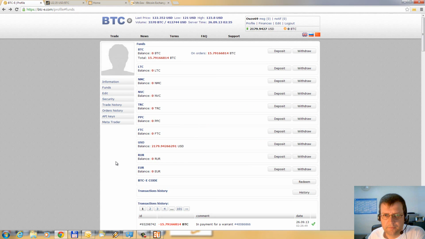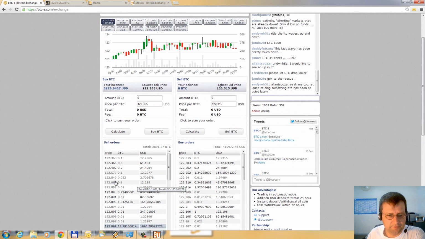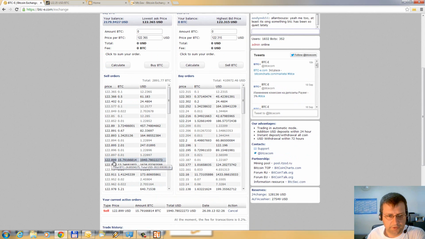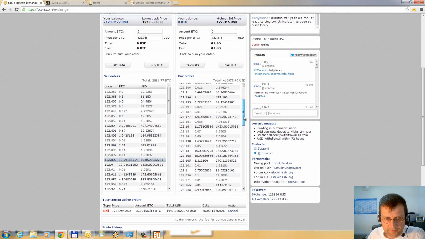I cannot see the price level, but as I remember, I sold these bitcoins for 122.75. So I should buy them back for 122.25 at least. But anyway, I want to make some profit, so I will buy them back at a lower price. I guess this price level is okay.